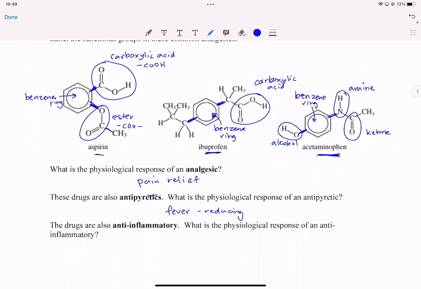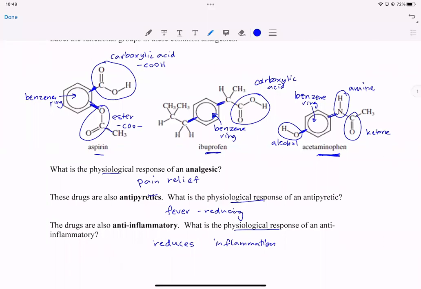So these drugs are also anti-inflammatory, and so this reduces inflammation. And what this points to is that these are different physiological responses, being pain relief, fever reducing, and reducing the inflammation response.